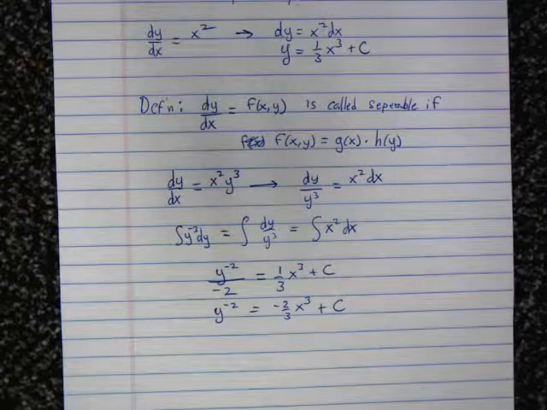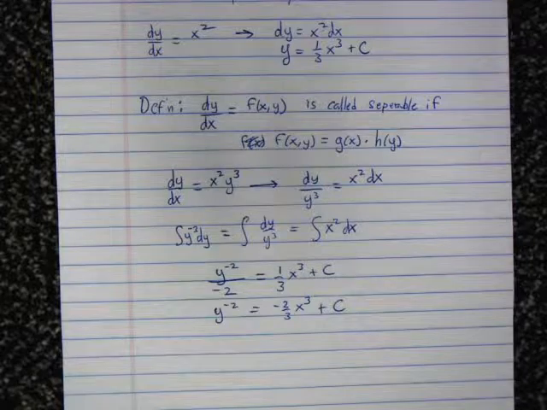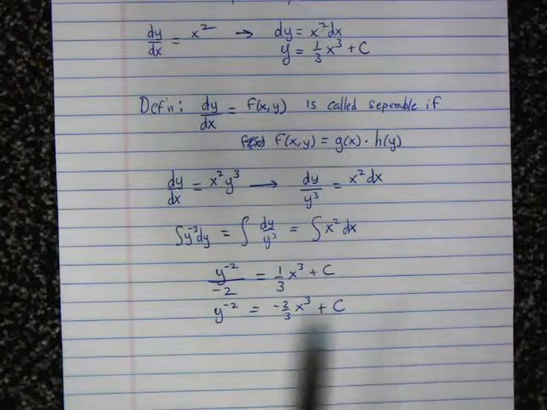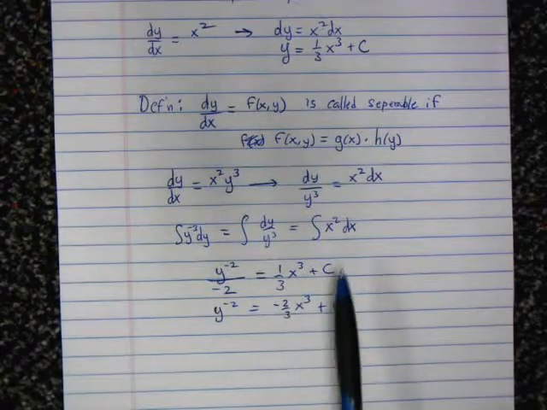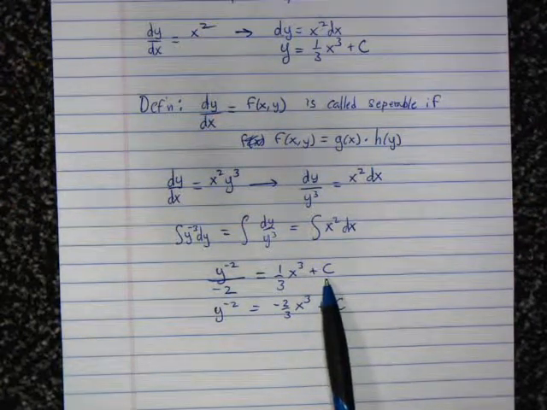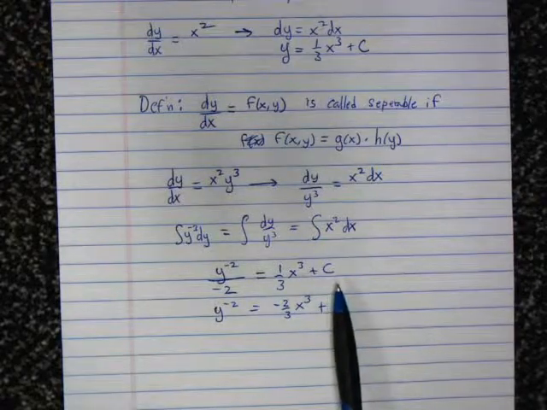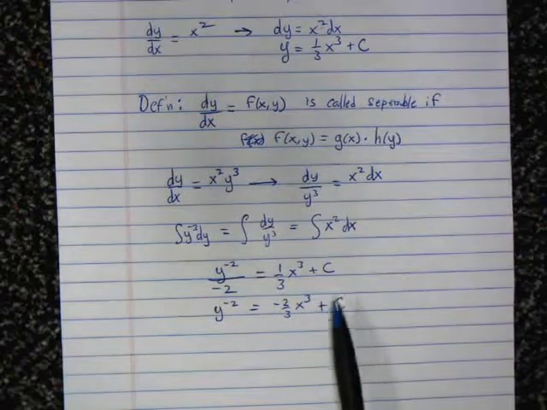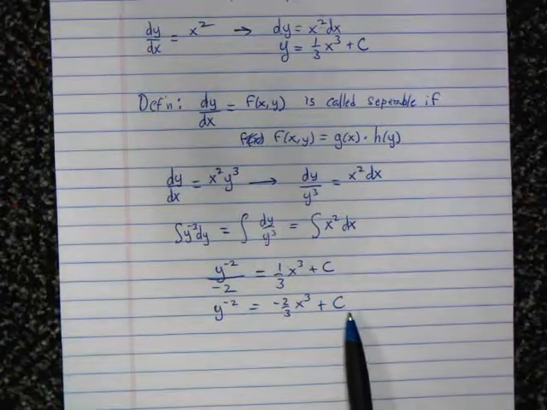So what did I do there? I multiplied by negative 2. On the right-hand side, when I multiplied by negative 2, I multiplied by negative 2 here. We did c too, it just absorbed the answer. All right, so c is just some number. It's any old constant you want it to be. So negative 2 times any old constant is still just any old constant, isn't it?